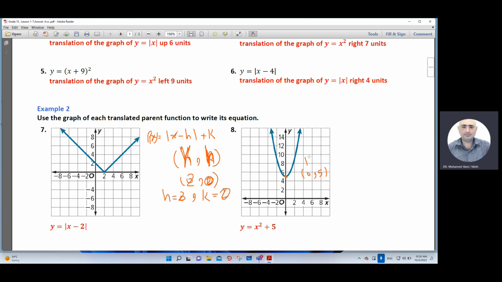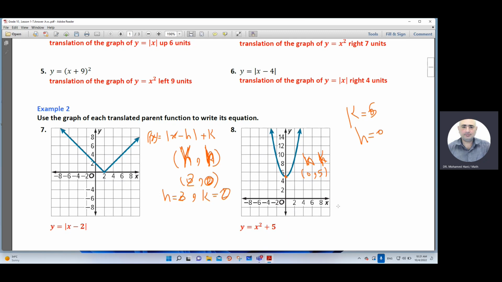So this is k and this is h. Sorry, here, this is h and this is k. So the value of h will be 0, and the value of k equals 5.